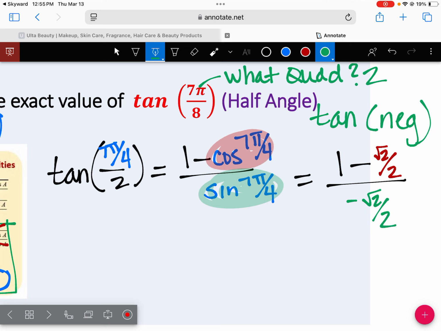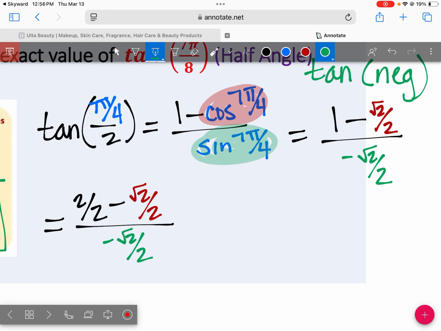So from here, we're just simplifying. In our numerator, instead of 1, I'm going to rewrite 1 as 2 over 2. And that's minus root 2 over 2. And that's divided by negative root 2 over 2. We need a common denominator in order to subtract fractions. So now we can pull it together.